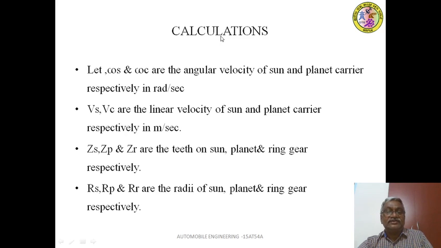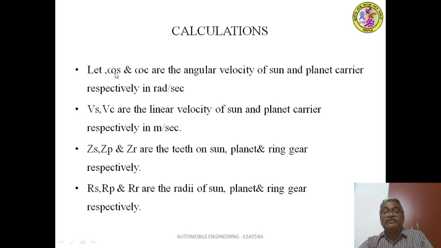For these calculations, here are some notations. Omega s and omega c are the angular velocity of sun and planet carrier respectively in radians per second. We know that angular velocity is the rate of change of angular displacement. Any rotating member has angular velocity.